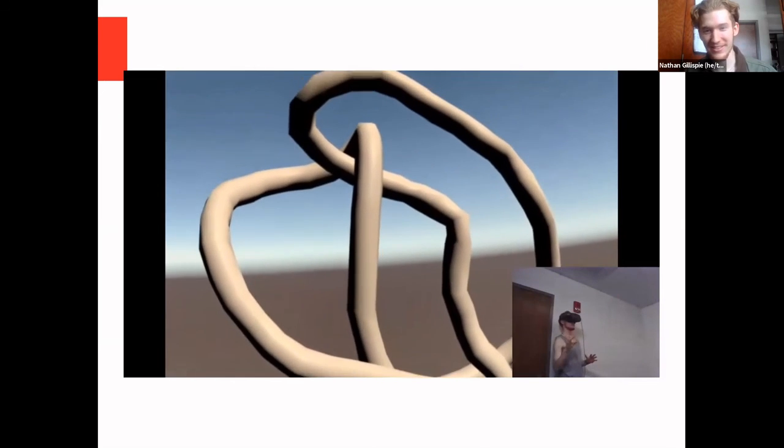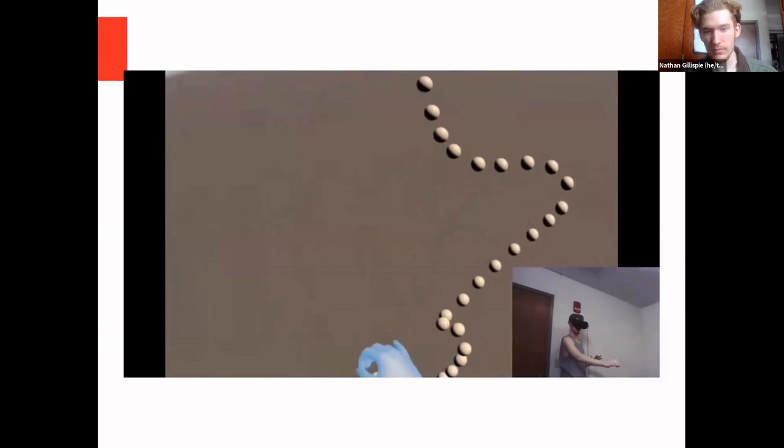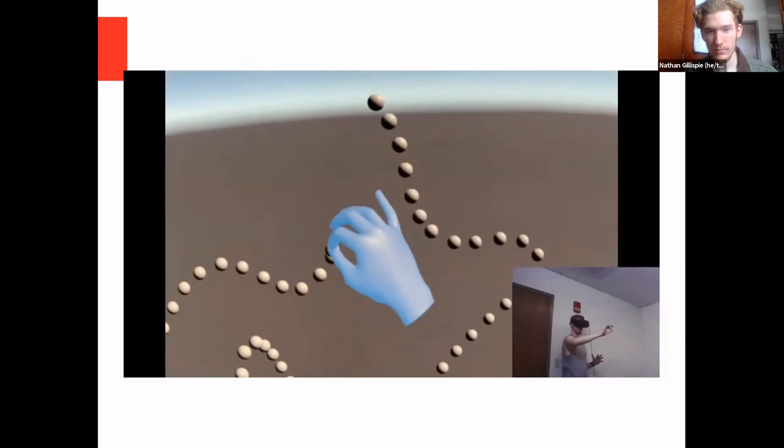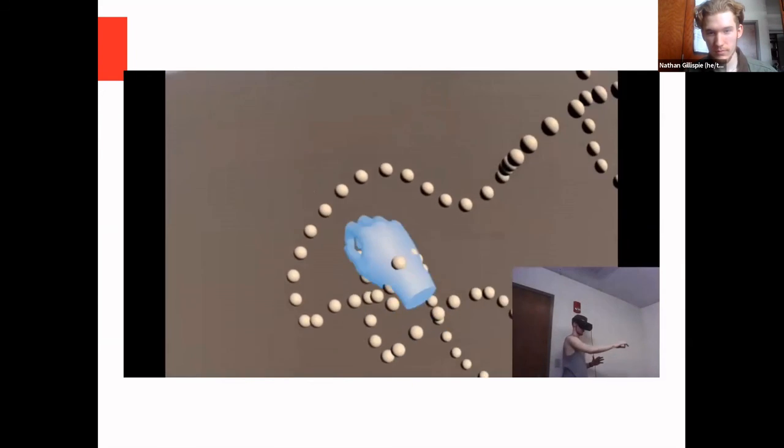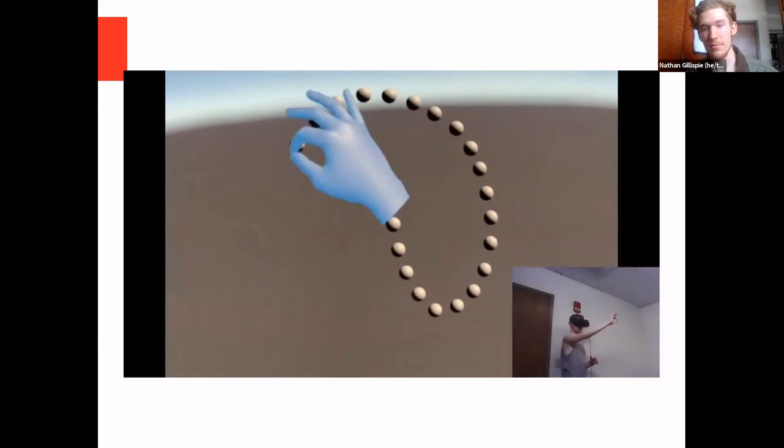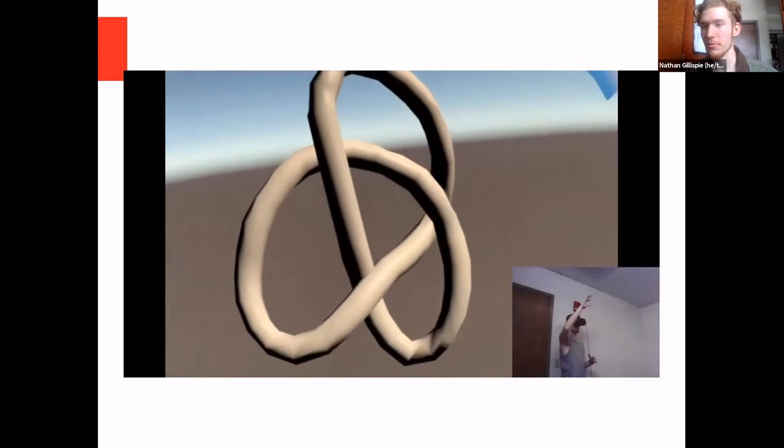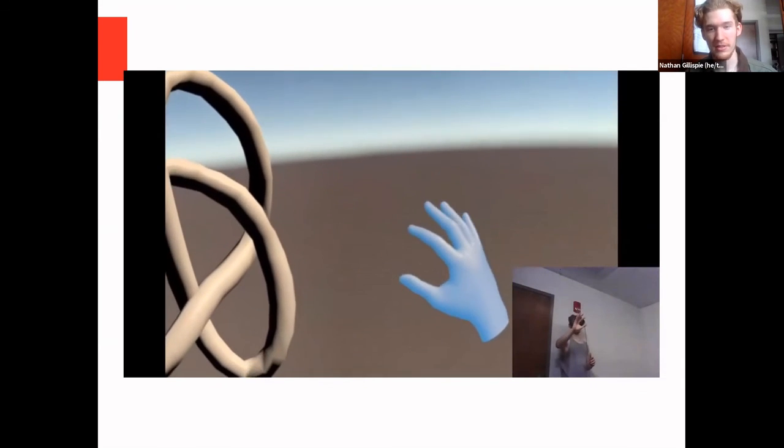Kind of worked. I kind of deleted that one accidentally. But I'm also using this kind of gesture to delete knots. I think we could do a lot more gesture detection, but this is what we have so far.